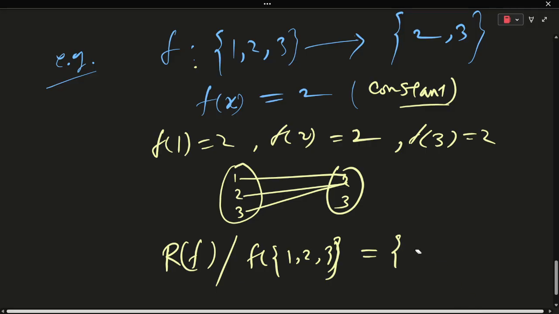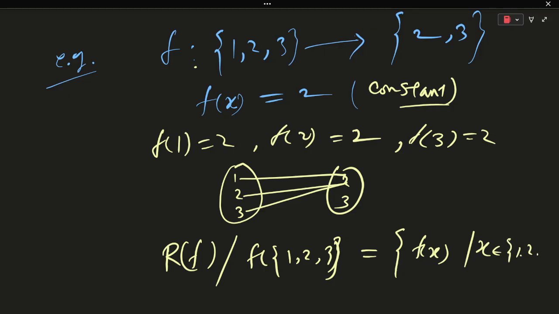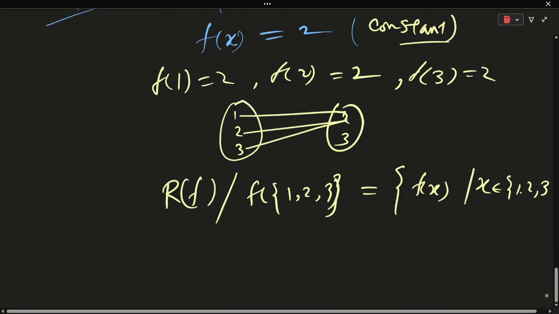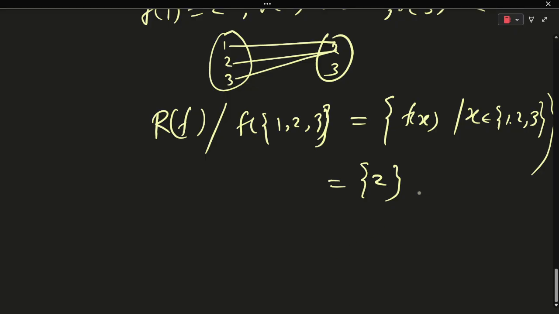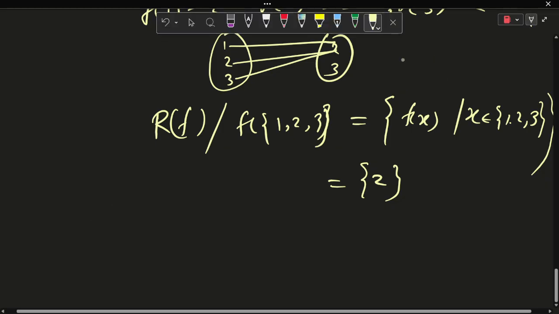What is the definition of range? f(x) for all x belongs to {1, 2, 3}, which is the domain. That means only one element in the range, so it is a singleton set. That's why this function is constant.